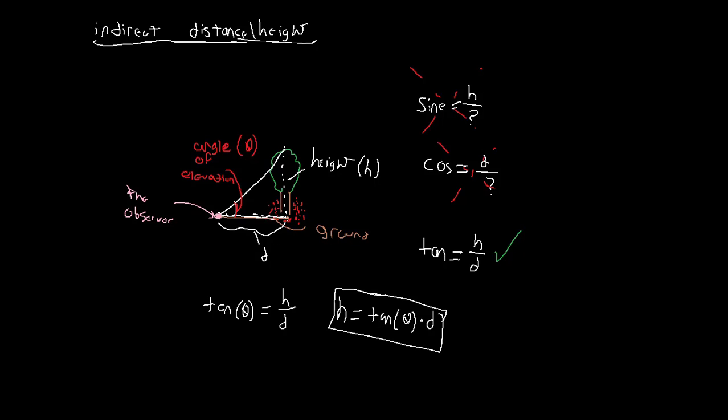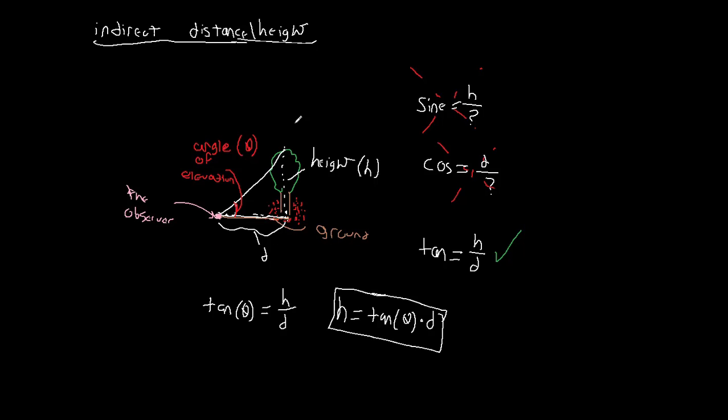And in this lecture video, we're going to come back to this idea of the indirect distance and indirect height, and we're going to go through two examples. Before we do that, I just want to quickly recap the idea that generally we have some angle that we are given, and we have either a height or a distance that we are given as well, and that we're going to use tangent to derive some equation to figure out that either distance or height, depending on what you look at.